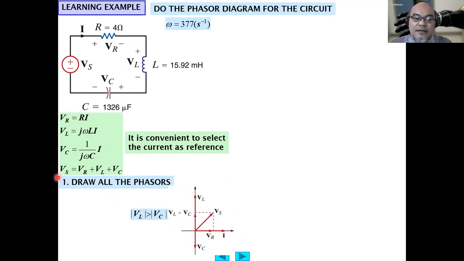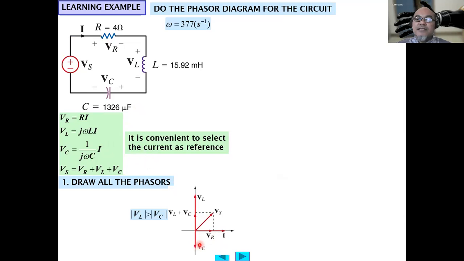VL, on the other hand, is leading the current by 90 degrees. That's why we draw VL, the inductive, upward in the vertical, positive y direction. Vc is 1 over j omega C I, or equals minus j I divided by omega C. So it means the voltage in the capacitance is lagging the current by 90 degrees.